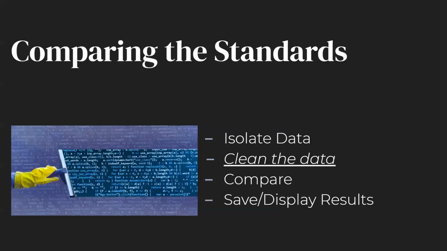Next, we need to clean the data. This step is very important to us because we need to make sure that the data is consistent for ourselves, so that we get consistent results and it's easier for us to work with.